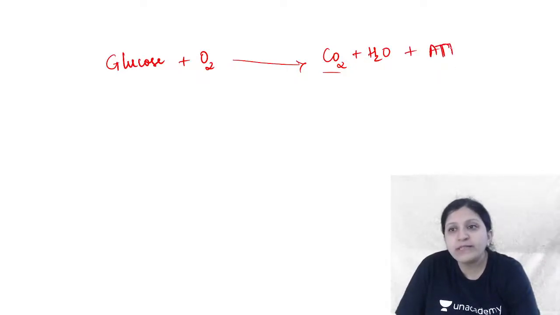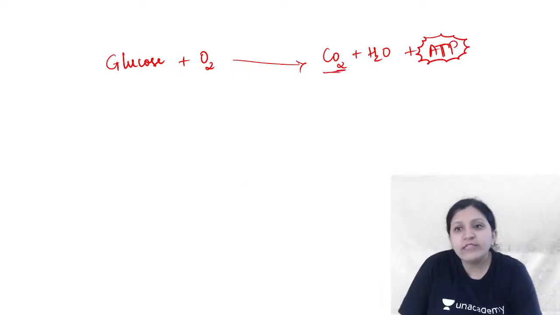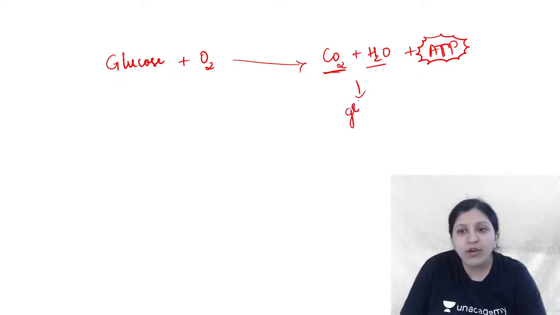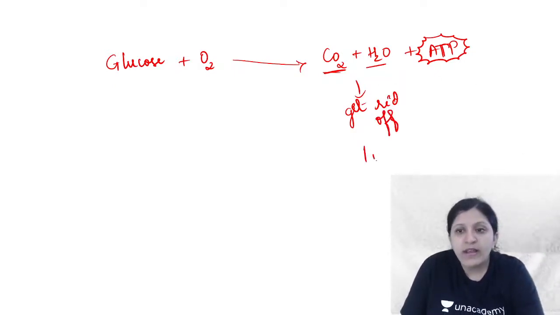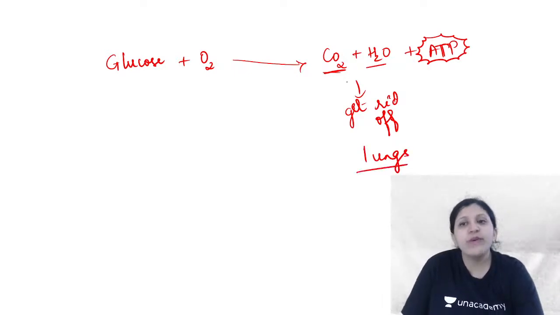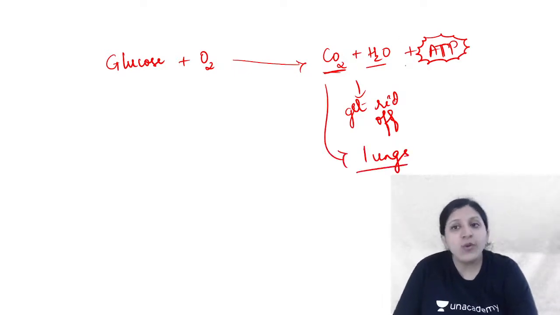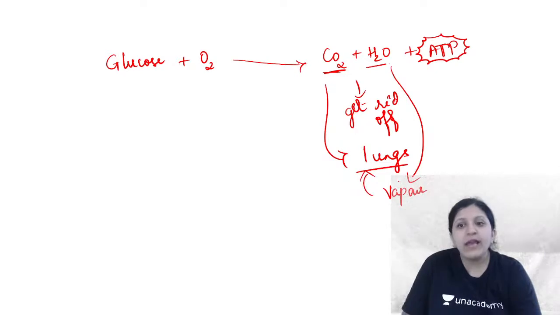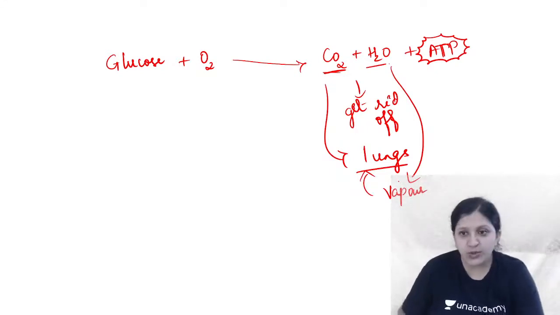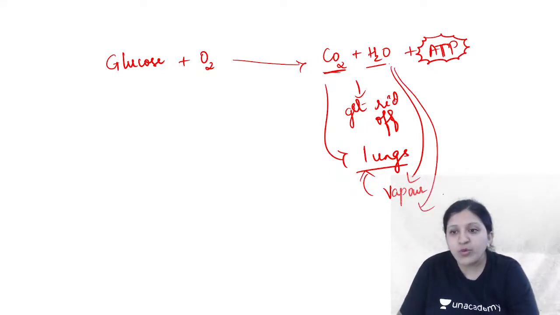So ATP we anyway require, but these two are not required, so we need to get rid of them. We need to get rid of these two compounds, and that is done through the lungs. CO2 we can remove through the lungs, and water can be removed in the form of vapor to some extent through the lungs also, or it can be removed through the urine.